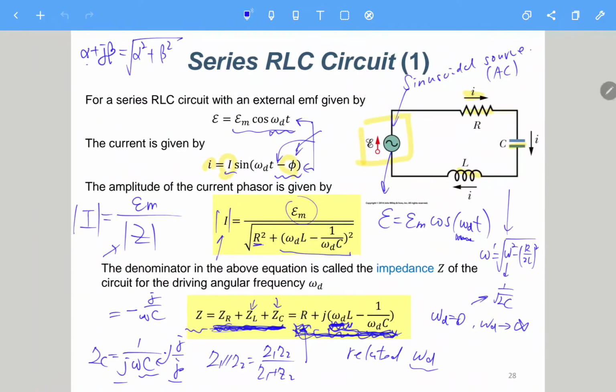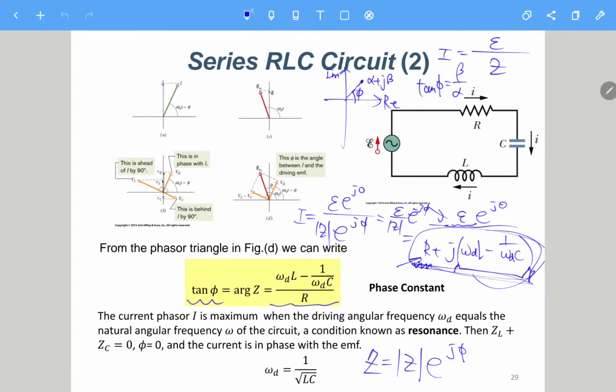But for the phasor, there is some mathematics behind it. You may not be able to know it at the moment, but if you know how to use the phasor, at least you may be able to get the final answer quickly. You only need to do some algebraic calculation.